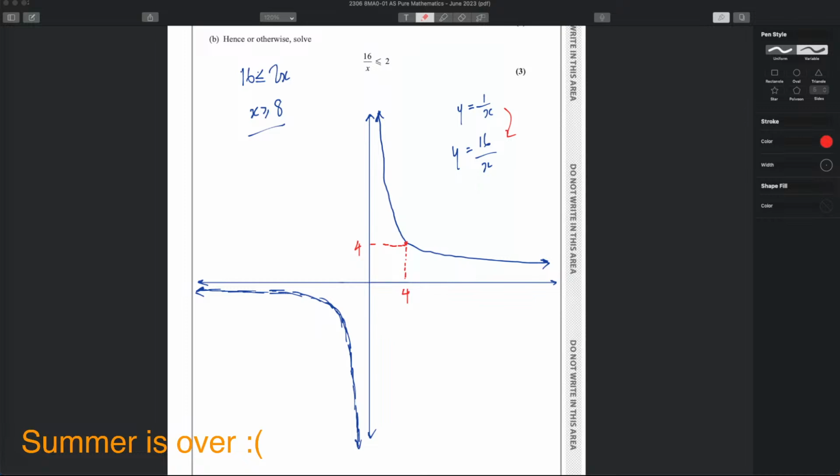Oh, it's about the asymptotes, right? Reciprocal graph transformations. I don't know. Not finding anything. So let's use our brains.